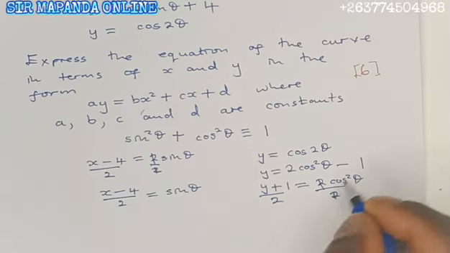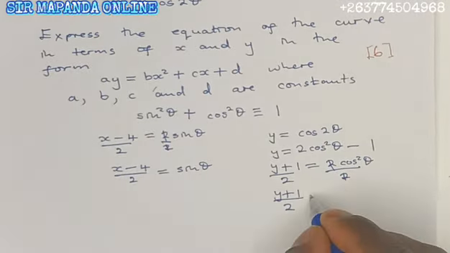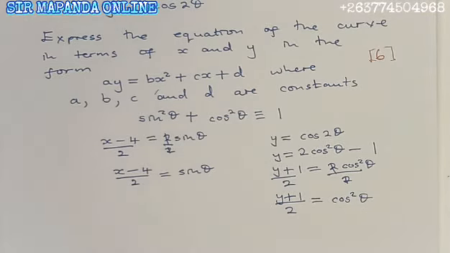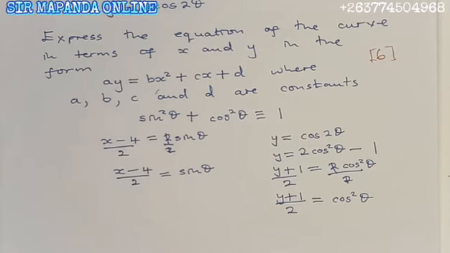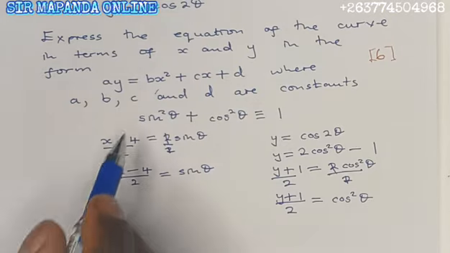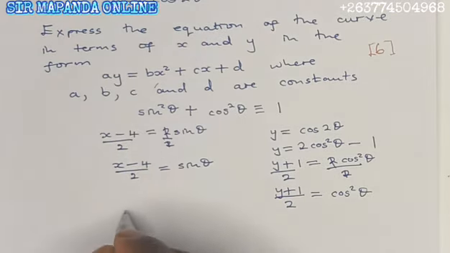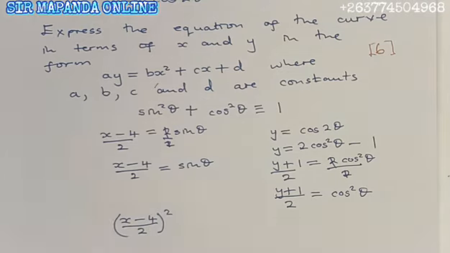So if 2 and 2 cancel off each other, you get y plus 1 over 2 is equal to cos squared theta. So I'm now substituting in the identity above. For sine squared theta, I'm going to say x minus 4 over 2, then you raise it to the power 2, since x minus 4 over 2 is sine theta, so to get sine squared you raise it to the power 2, right?